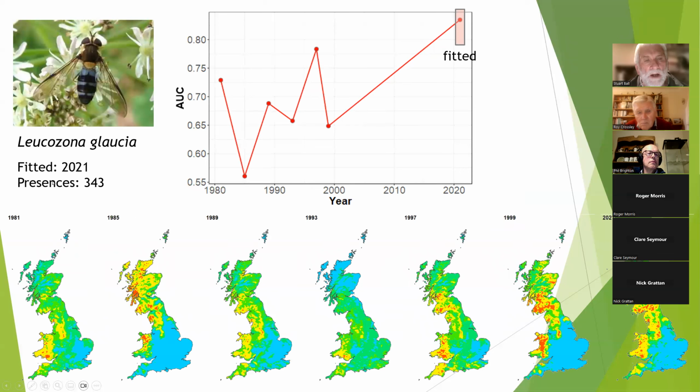So there were 343 presences, as you saw, I fitted it to. The fitted AUC was just over 0.8. It generally has declined away from that; the further you get from the fitted point, the worse it fits.